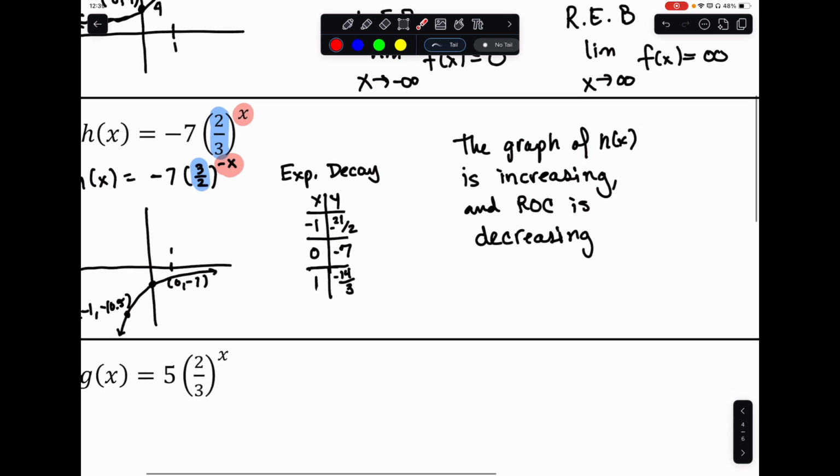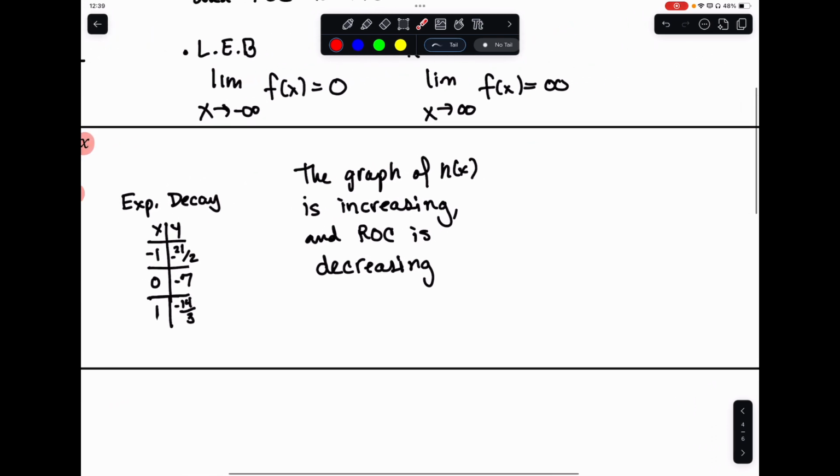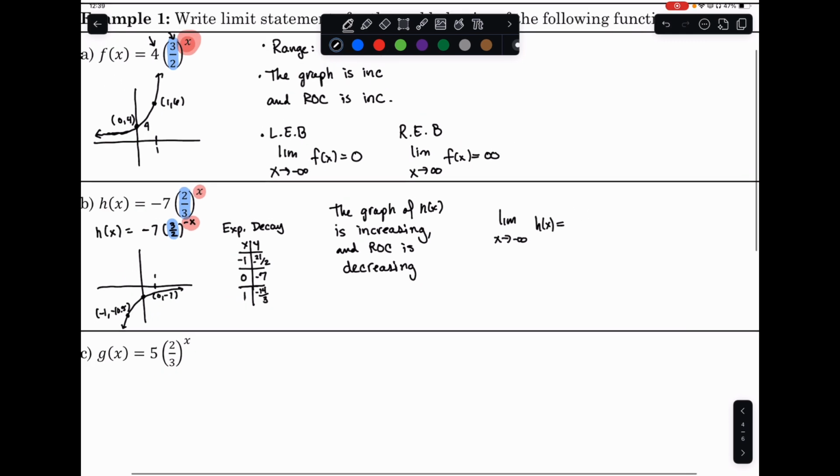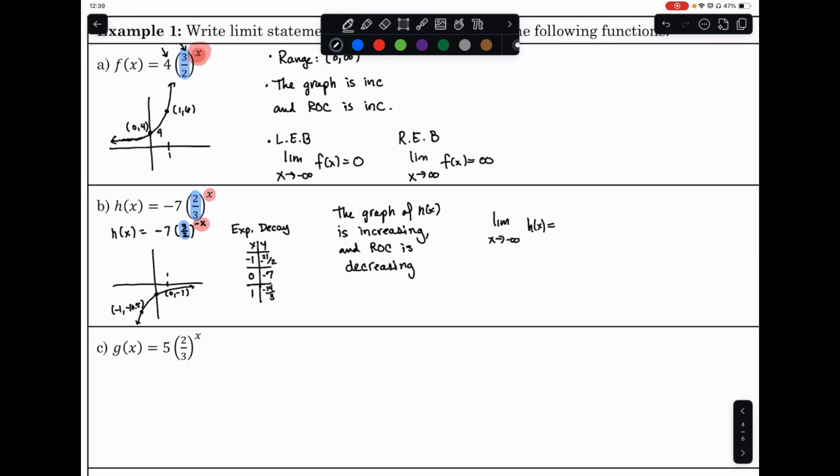Now, let's discuss the end behaviors. Well, because it's an exponential decay, the left-hand side is going to be the unbounded side. So it's going to be approaching infinity. And since this specific function is below the x-axis, the infinity that the left end is approaching is -infinity.